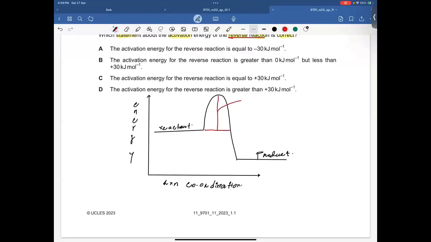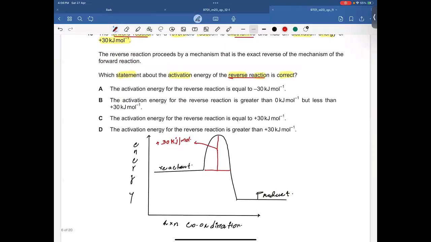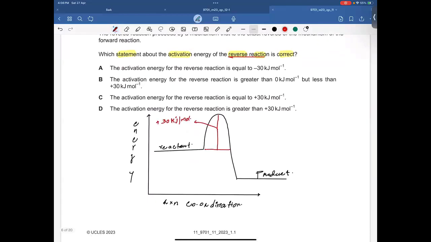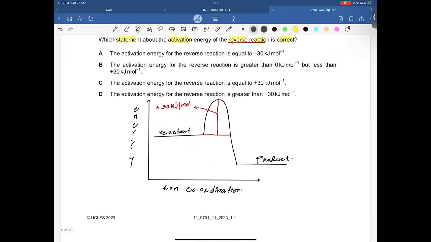And this activation energy is basically plus 330 kilojoules per mole. This is the forward reaction activation energy. Now let's talk about option A. The activation energy for the reverse reaction is equal to minus 130. The reverse reaction is going to be like this.